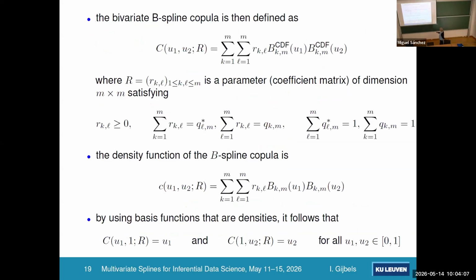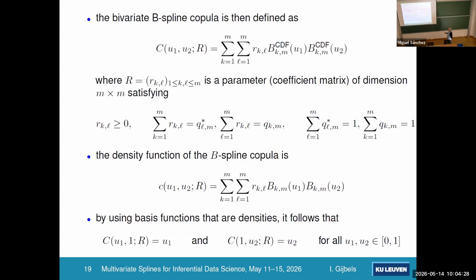Next, you have the bivariate B-spline copula, where you have all the coefficients, which you can stack in a matrix. We have seen that on the previous days a couple of times. But of course, this still has to be a copula.